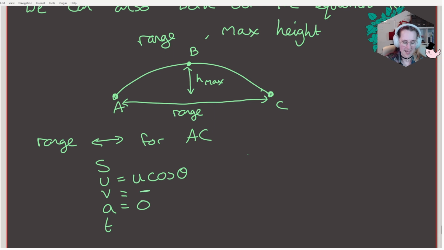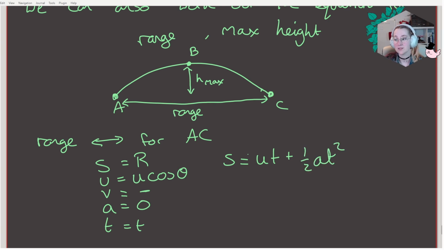Technically, we don't really care about it, nor do we know it. This is our range, so I'm going to call it R, and then we have t. Again, we don't have v, so we're using a lot of this s is ut plus half at squared stuff, but because acceleration is 0, that instantly goes away. So we get R is u cos theta t, which is great, and we could be done there, but that's not the most helpful because it's in terms of time.